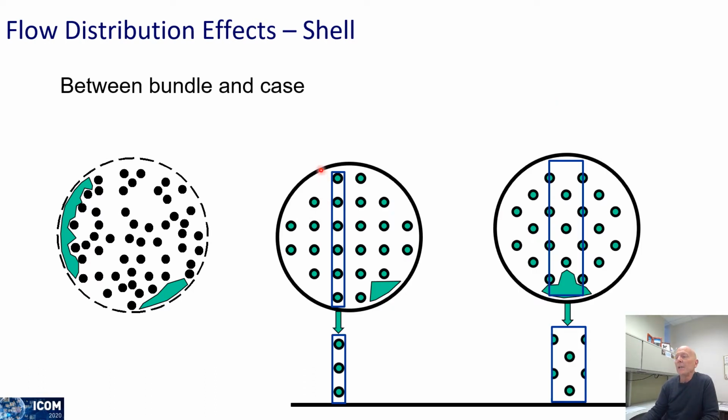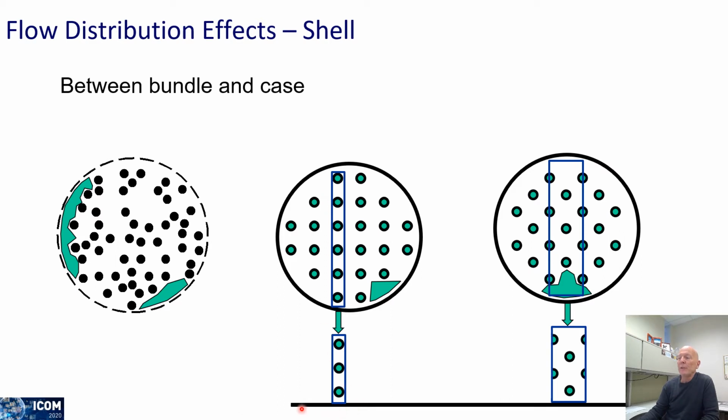And so what we're interested in is trying to characterize the performance initially not in a randomly packed bundle, but in a well-packed bundle, either a square-packed fiber bundle or a triangular packed fiber bundle. And we put these inside a case, into a circular case. What we're going to see is that there will be regions where the fibers are not uniformly packed up against the case. But at this point, we're not going to consider a circular case.